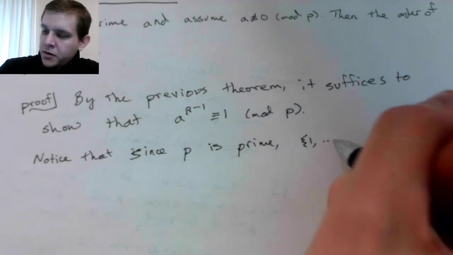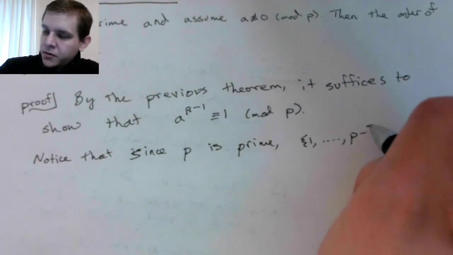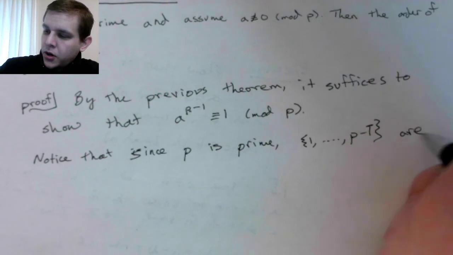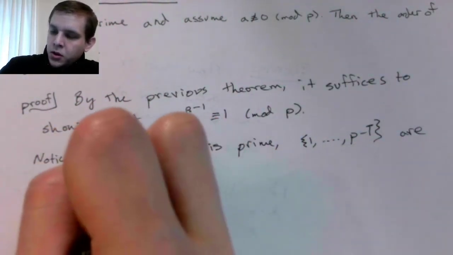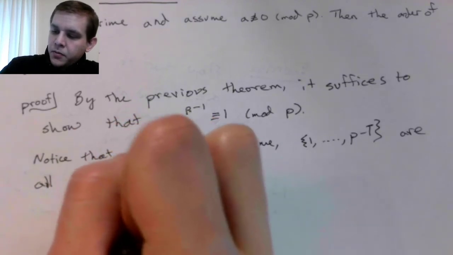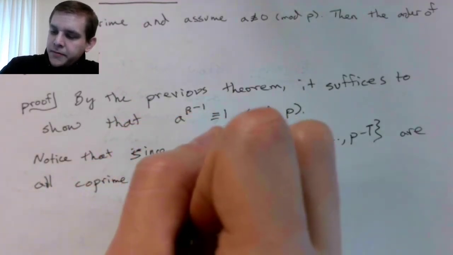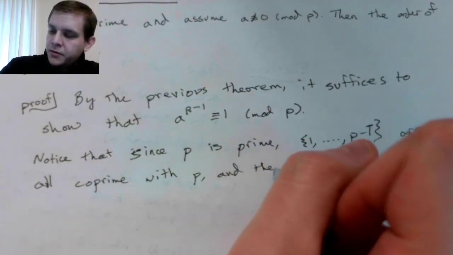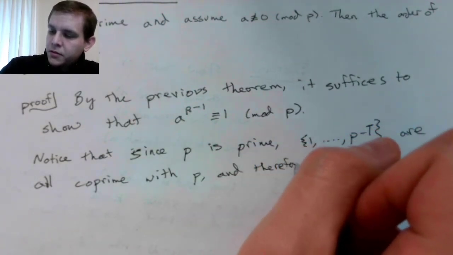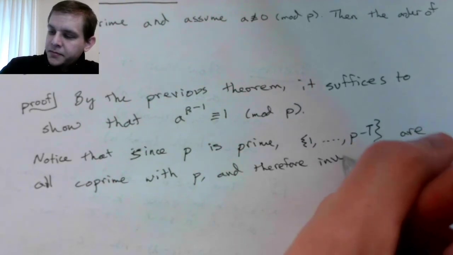The elements 1 up to p minus 1 are all coprime with p, and therefore invertible.